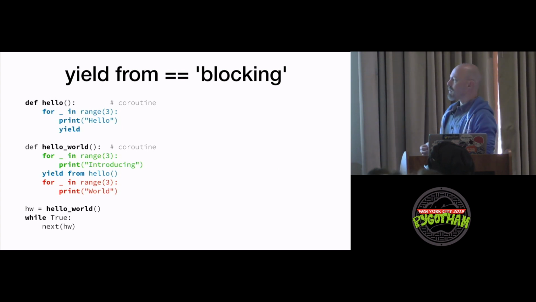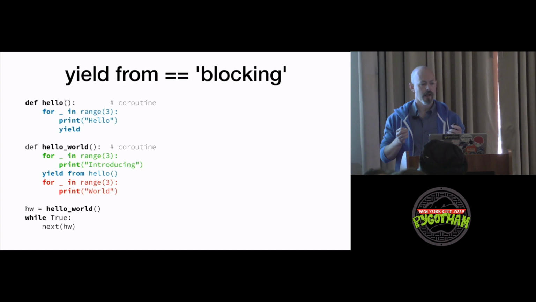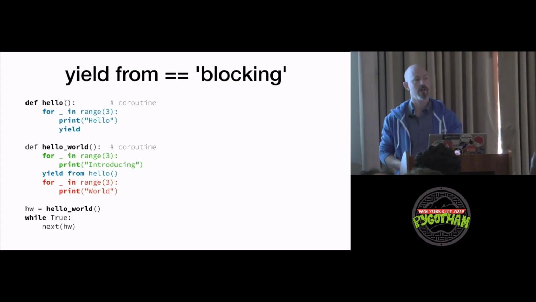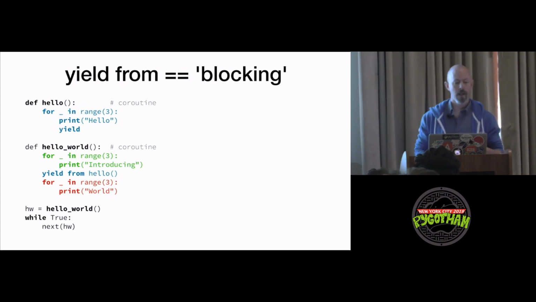Now, one of the ideas I want to get across around now is that a yield from is blocking. So this is what we call an await in Python 3.7, Python 3.6. So here I've got a coroutine that just prints out hello 3 times, but it yields each time in between. And while it is yielding, it is effectively blocking the calling coroutine.